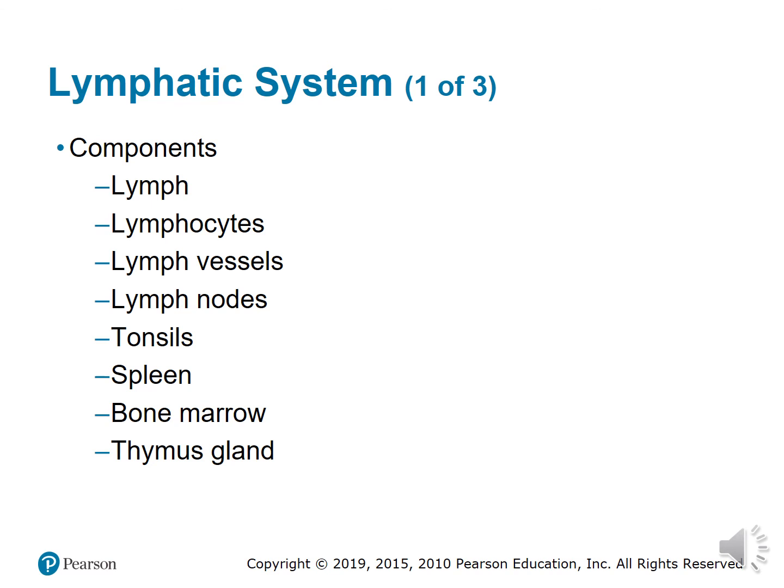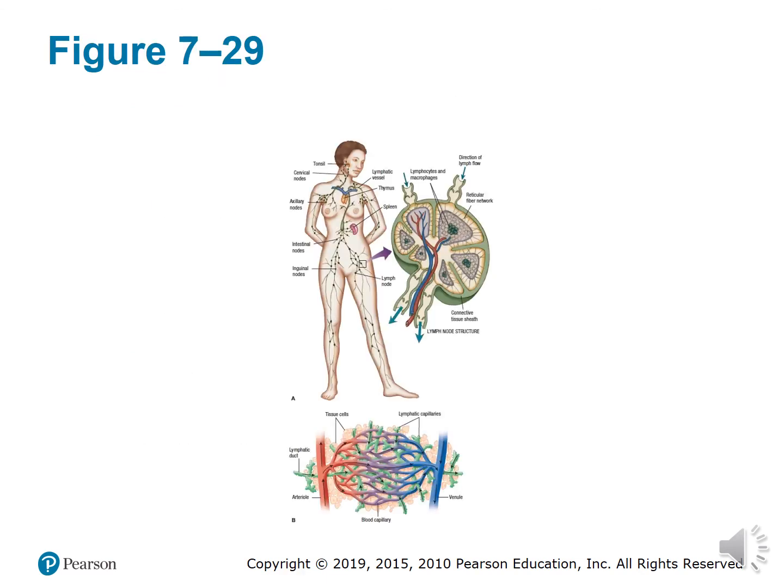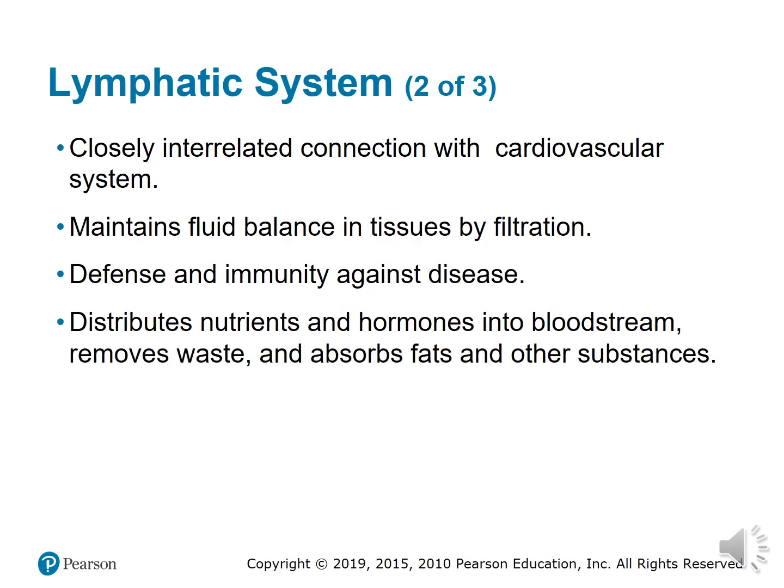The lymphatic system: lymphocytes, lymph vessels, lymph nodes, tonsils, spleen, bone marrow, Peyer's patches. That's what they're all labeled there for you in Figure 7-29.